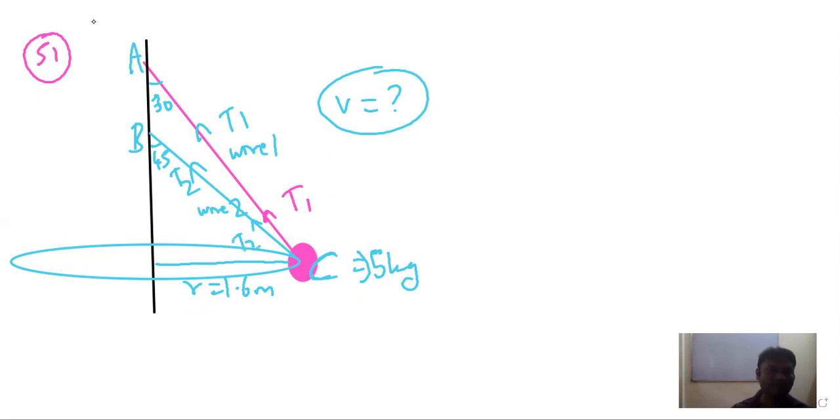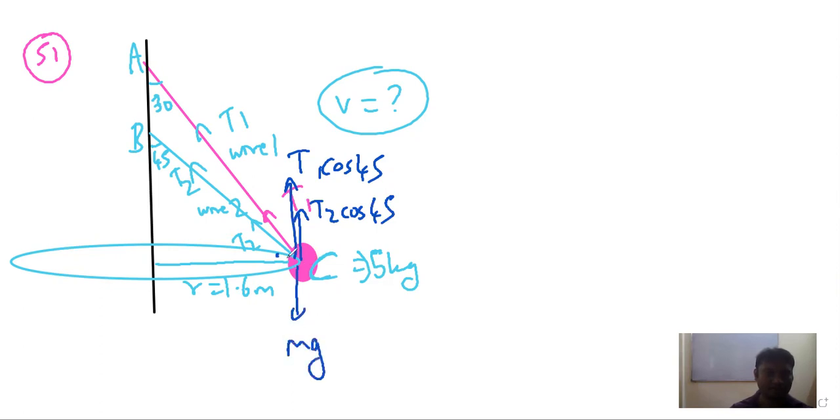Now, let us take the components of T1 and T2 individually. For the T2 component in the vertical direction, this is 45 degrees here, so this angle will also be 45. The upward components will be T1 cos 45 and T2 cos 45, and downward we have force mg, which is 5g.